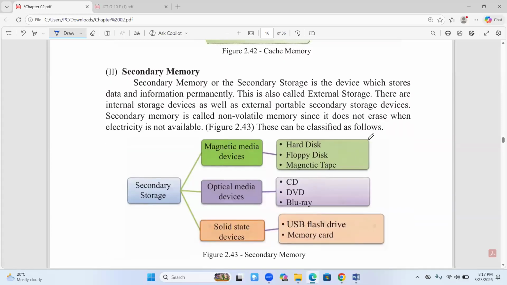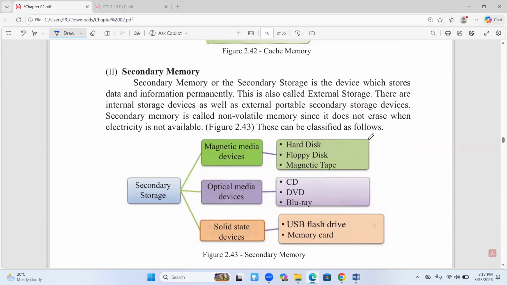It can be connected externally, and it is also called external memory or external storage devices of the computer. In these devices, we can store information, data, and programs permanently.